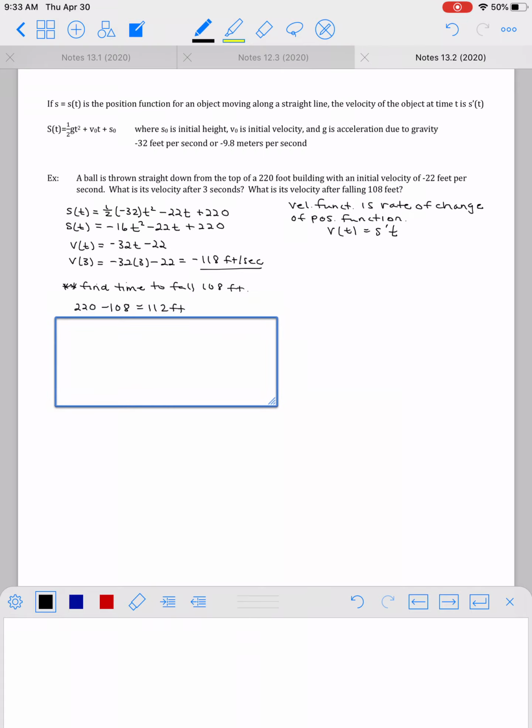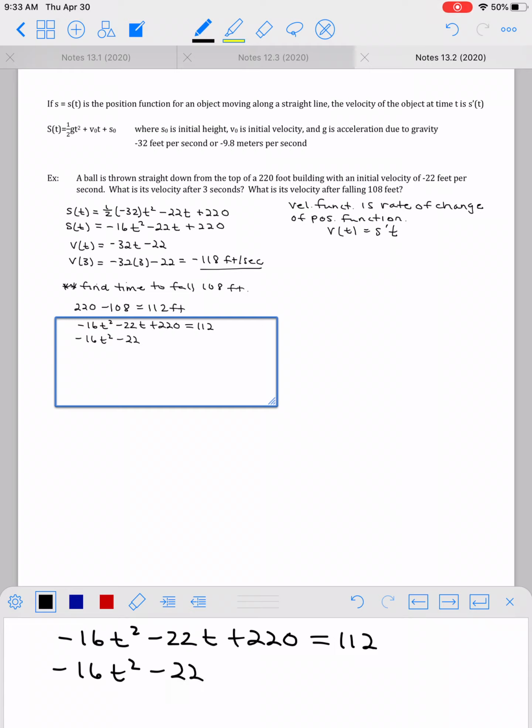Now we're going to plug it into, because this is about position, our original position function. So negative 16t squared minus 22t plus 220. That's our original. And right now, my height is 112. So negative 16t squared minus 22t plus 108 equals 0.